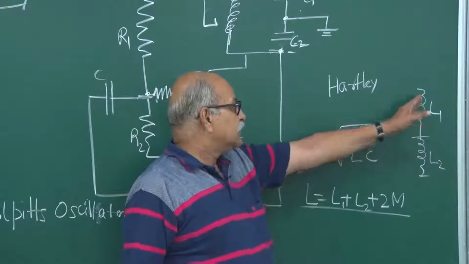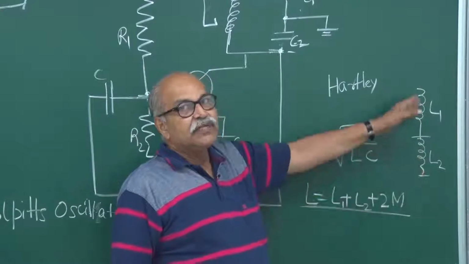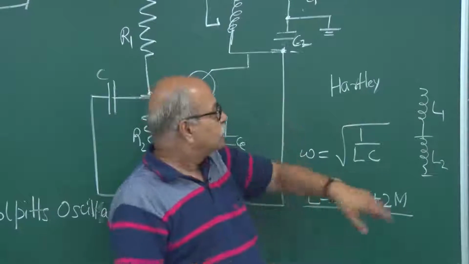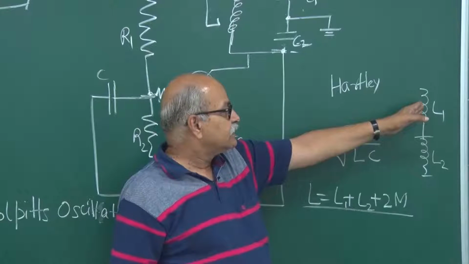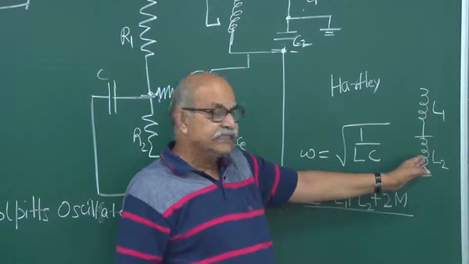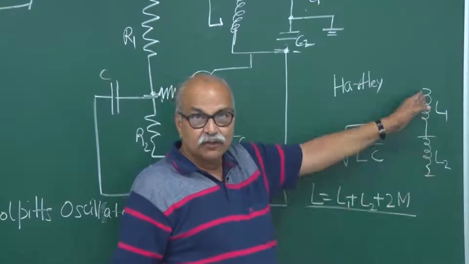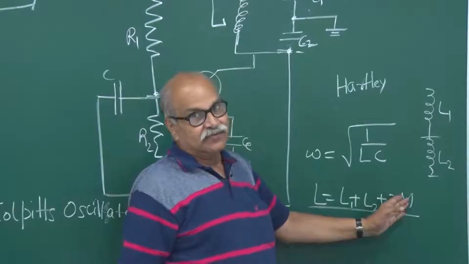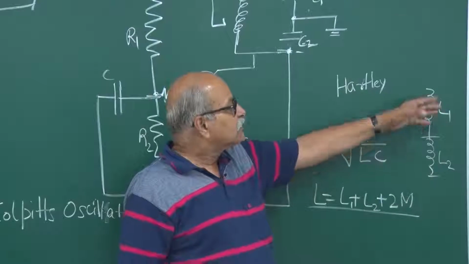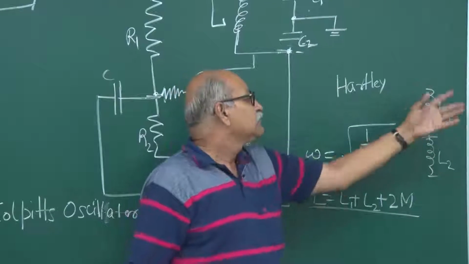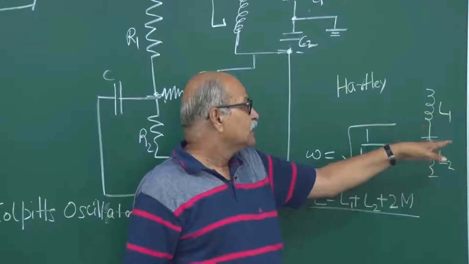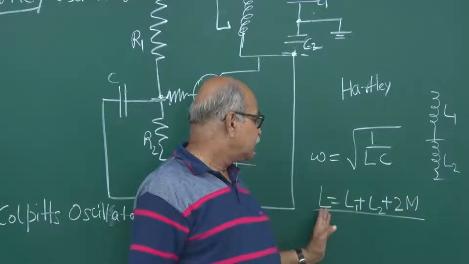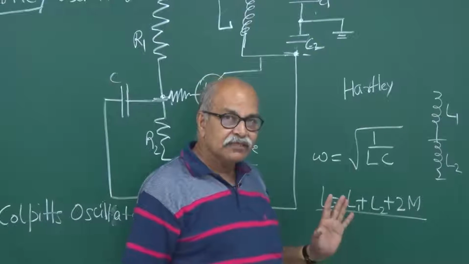If there is a coupling between these two, which will happen if they are made on the same core, so that any magnetic field created by the current easily reaches here, then you will have a good mutual inductance, and this must be taken into account. And if they are on separate cores, so that the magnetic field diverges out of the core and not much reaches here, then the mutual inductance will be very small, and L equal to L1 plus L2 can be used.